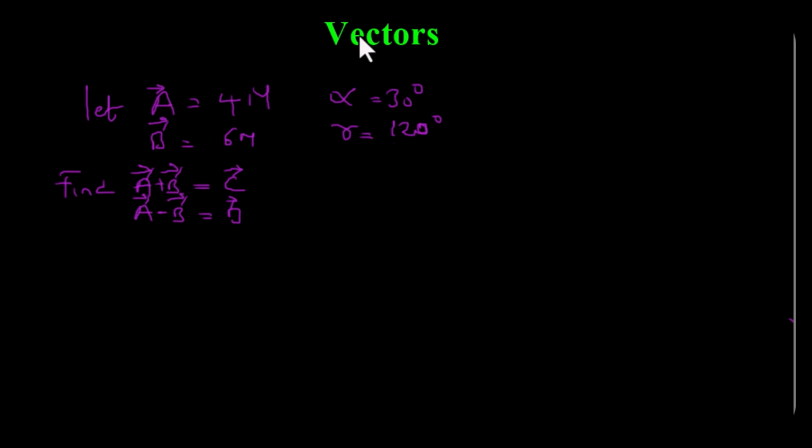So that's why we can say that A plus B vector will equal C vector, because the resultant, or the result there, will also be another vector. So we want to call that vector C. And A minus B vector will give us vector D. So that's just our way of describing vectors.